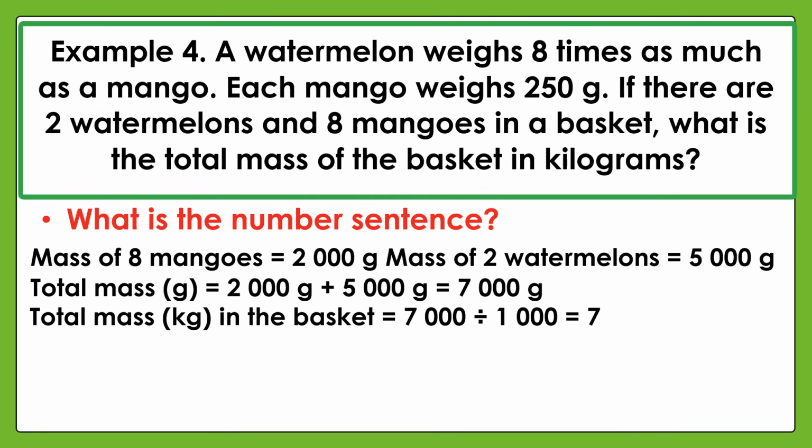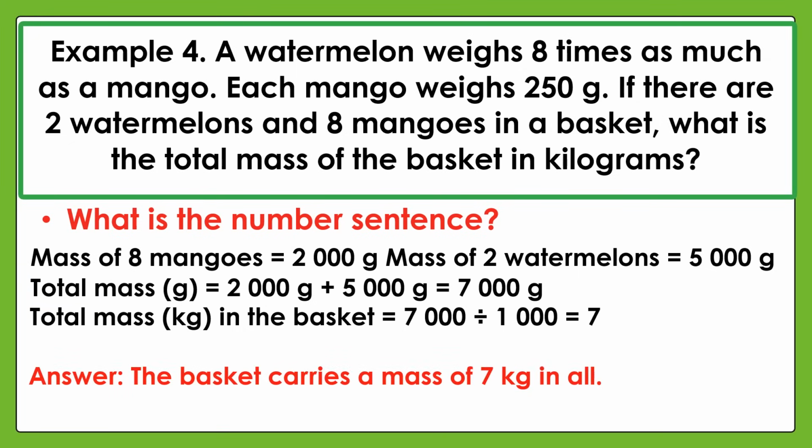The total mass in kilograms in the basket is equal to 7,000 divided by 1,000 is equal to 7. The answer is the basket carries a mass of 7 kg in all.